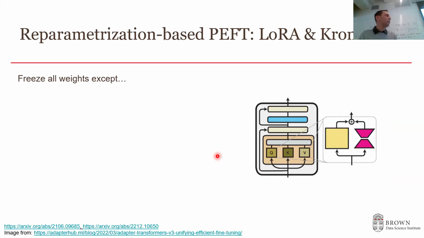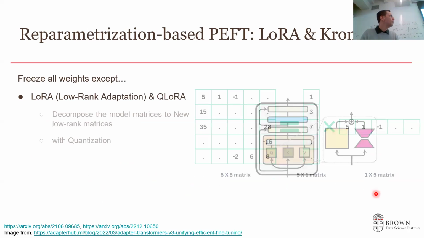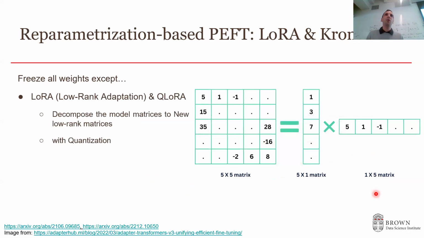Now, reparameterization means we want to calculate our parameters differently. The most famous method, I guess, is LoRA, low rank adaptation. The idea is that we decompose the large, vast matrices of the attention mechanism into smaller matrices, and by decomposing them, it is much easier to calculate them.